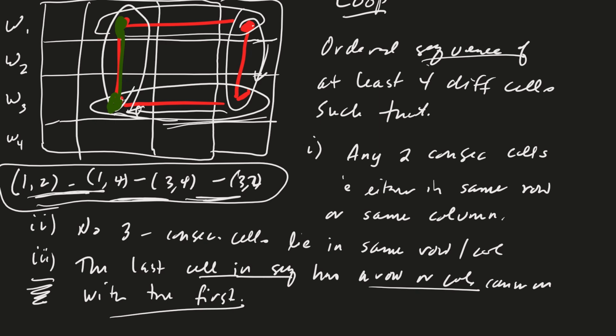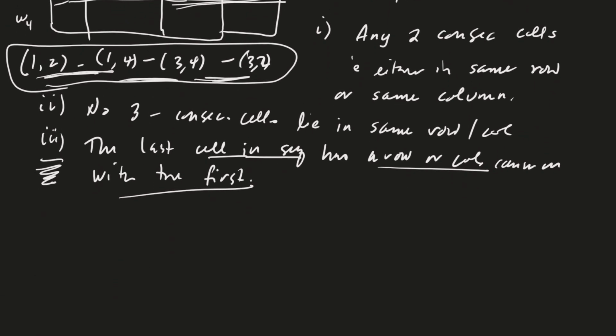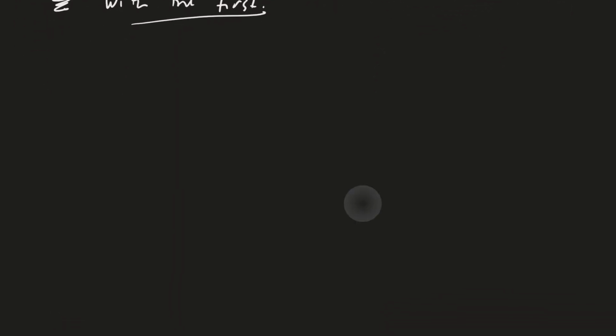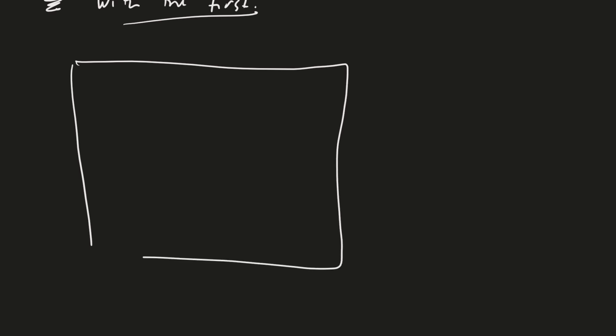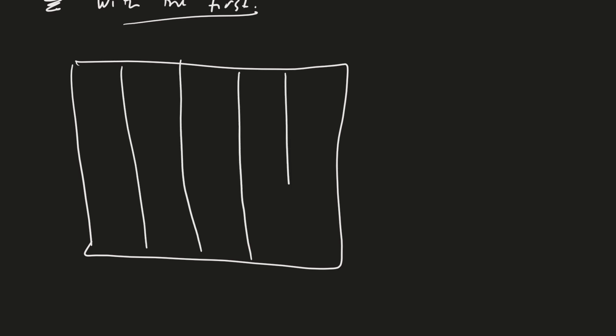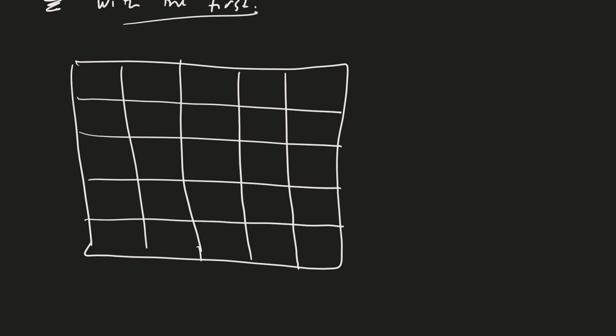All right. Now let's just take a look at some different types of loops that we might see. So let's go ahead and build our cells again here. Okay, so how about this sequence of cells right here?